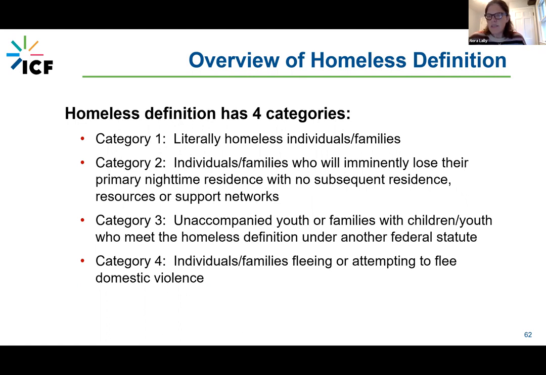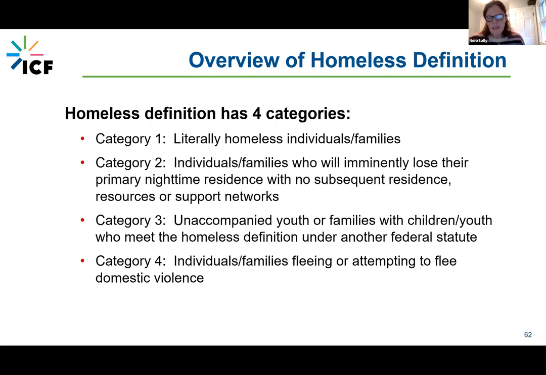So in these situations, it's about being about to lose housing and having no other resources to provide or to establish housing. So that is the imminent risk category. And the components that go along with category 2 for ESG are emergency shelter and homelessness prevention, provided they meet those income limits that we talked about previously.